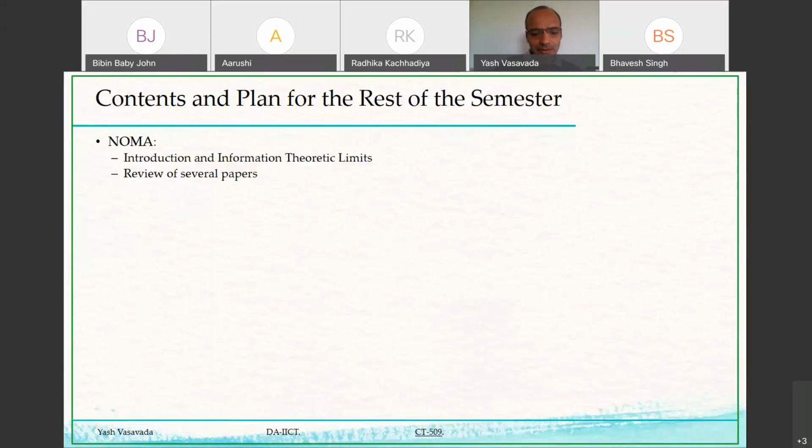Today I'll cover the topic of non-orthogonal multiple access, which, as you know, is one of the key multiple access technologies planned for 5G systems. So I have some material on NOMA today.